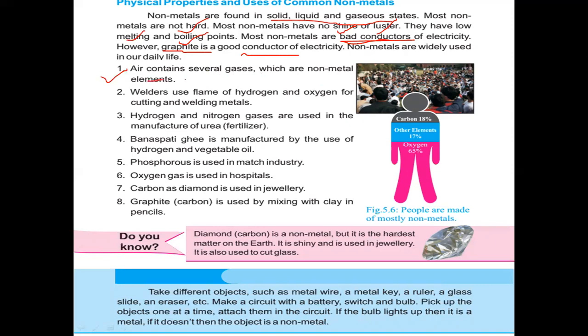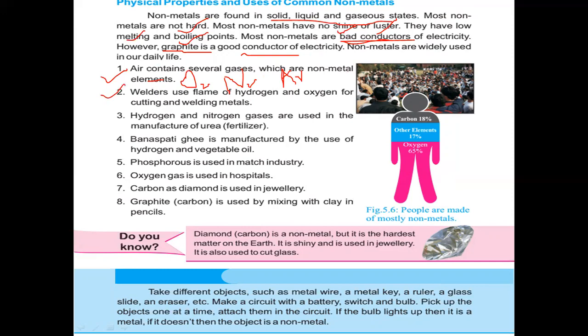As we have seen before, air contains oxygen, nitrogen, and some noble gases like argon. They all are non-metals. So air is composed of lots of non-metal elements.